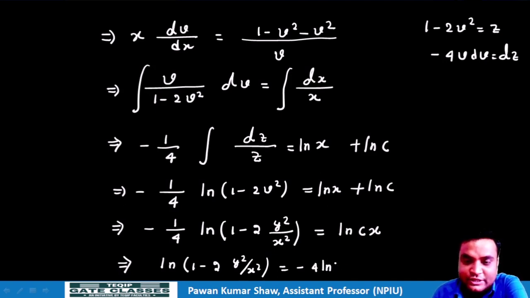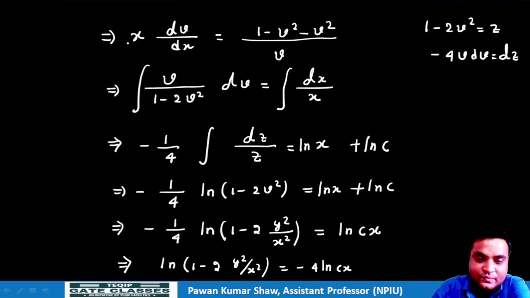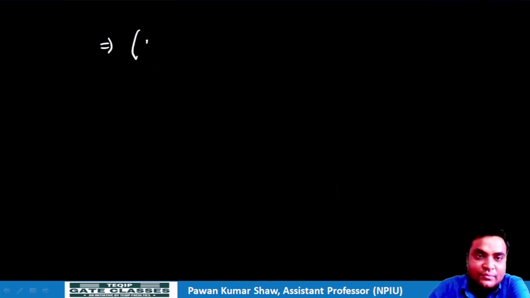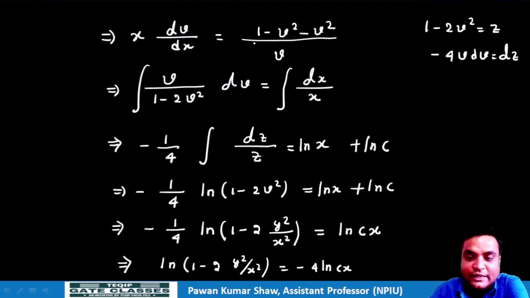So this log Cx, we can write it as Cx to the power of minus 4. Yes, Cx to the power minus 4, and we can remove our log. So we can write 1 minus 2 y square by x square, और राइट हैंड साइड में होगी Cx to the power of minus 4.